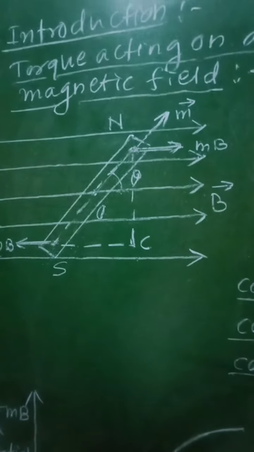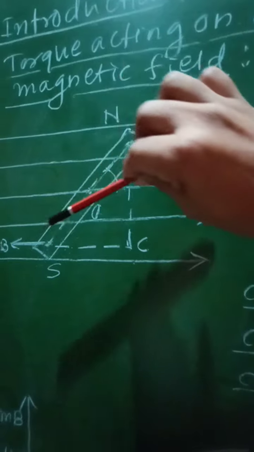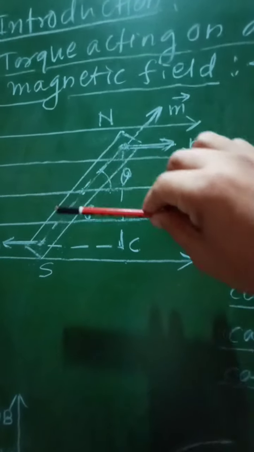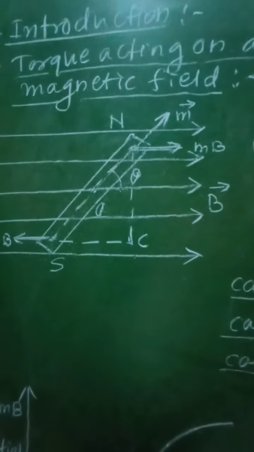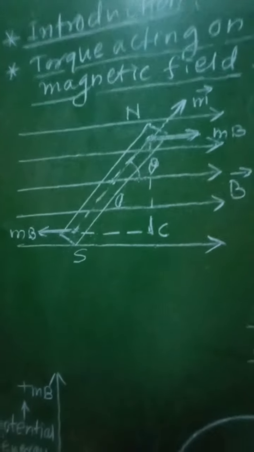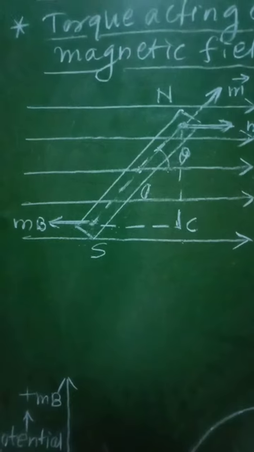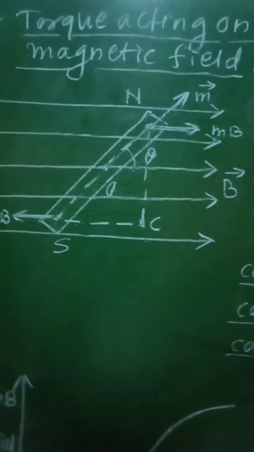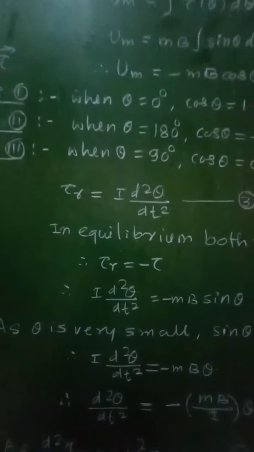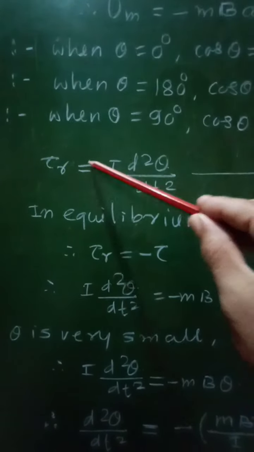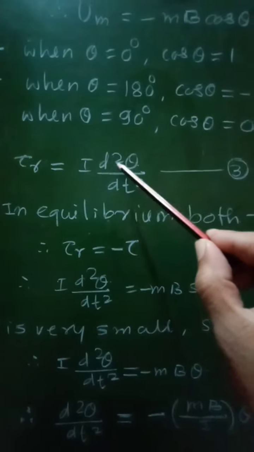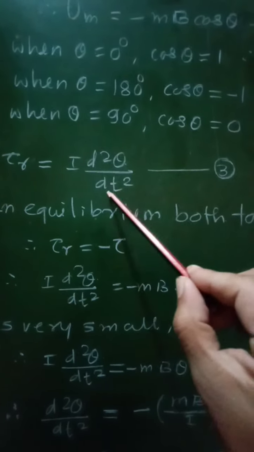But at the same time this magnet will try to come to its original position, and therefore some restoring torque must be acting there so as to nullify the rotating torque. And therefore this rotating torque is given by the formula: torque will be equal to I into d square theta by dt square.